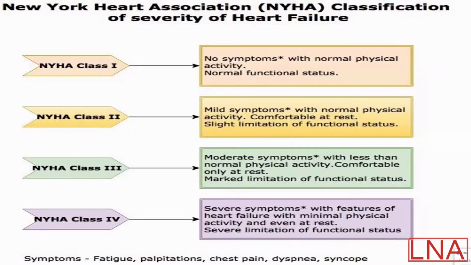Third class by NYHA: moderate symptoms with less than normal physical activity, the patient is comfortable only at rest, and there is marked limitation of functional status. Fourth class by NYHA: severe symptoms of heart failure with minimal physical activity and even at rest, even in a calm condition, and severe limitation of functional status.